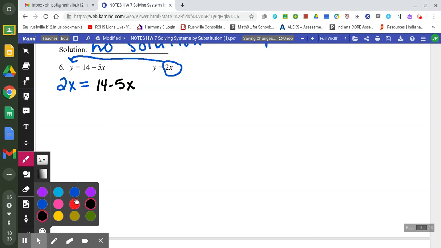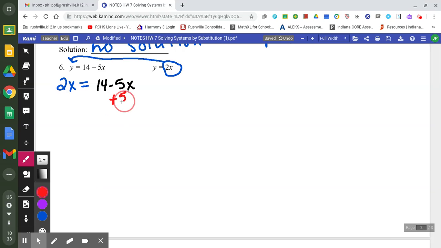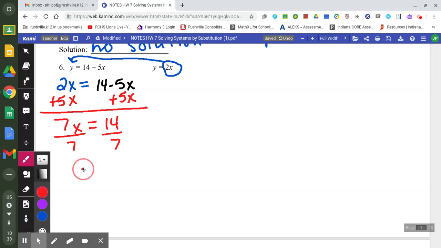And so I'm going to solve for x. I'm going to add 5x to both sides of the equal sign. So now I have 7x equals 14. Divide by 7, divide by 7. So x equals 2.